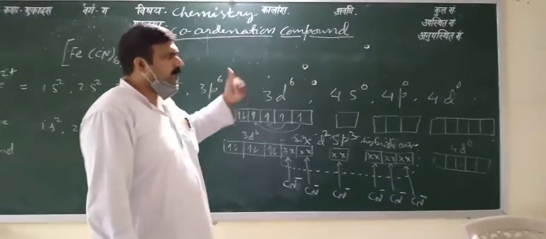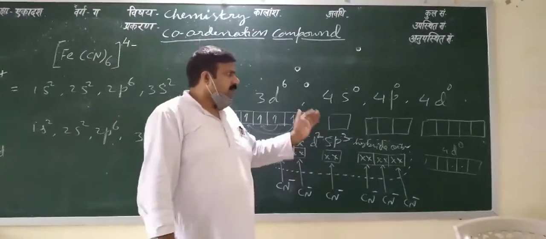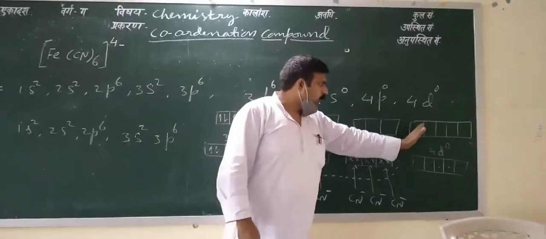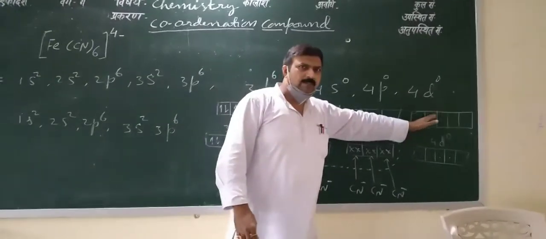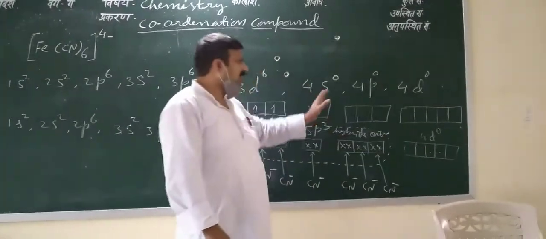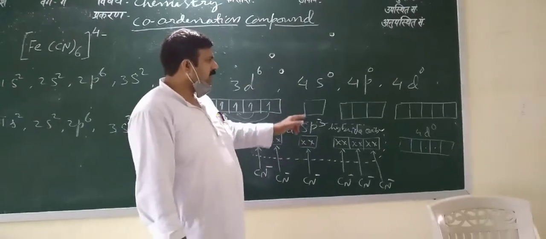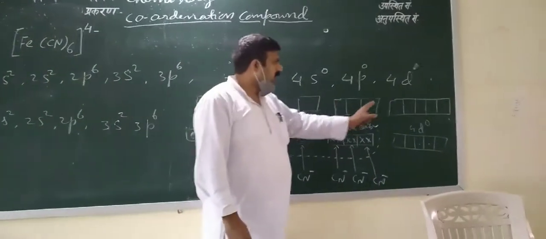So in [Fe(H2O)6]2+, the outer, meaning 4d, orbitals, the two empty 4d orbitals, will be involved in hybridization, and in that case the hybridization will be sp3d2.